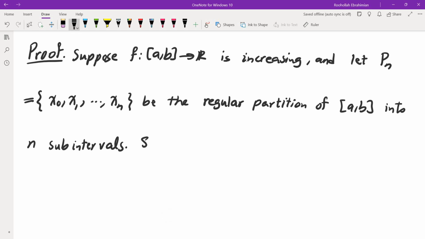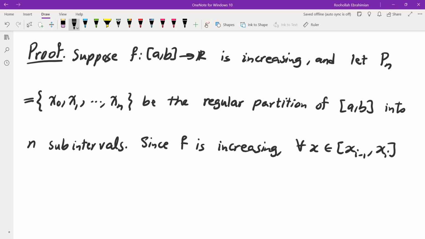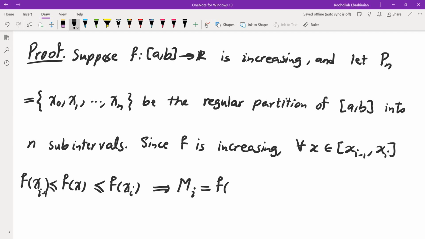Since f is increasing, for every x inside the interval [x_{i-1}, x_i], f of x is going to be between f of x_{i-1} and f of x_i because it's increasing. So that tells us capital Mi is f of xi, and lowercase mi is f of x_{i-1}.